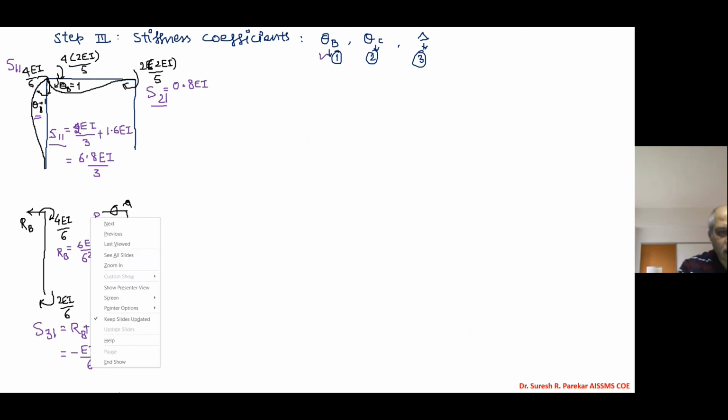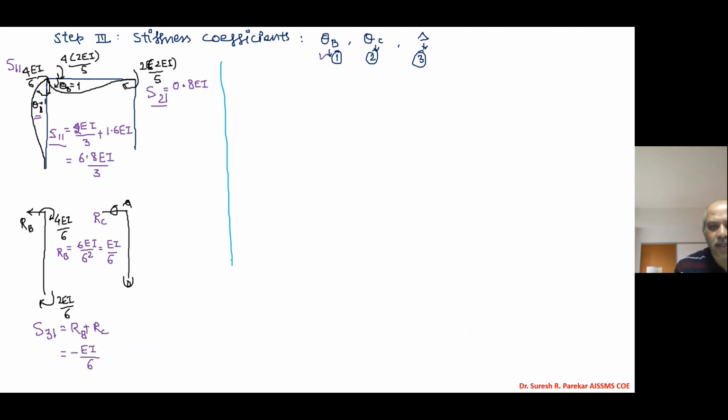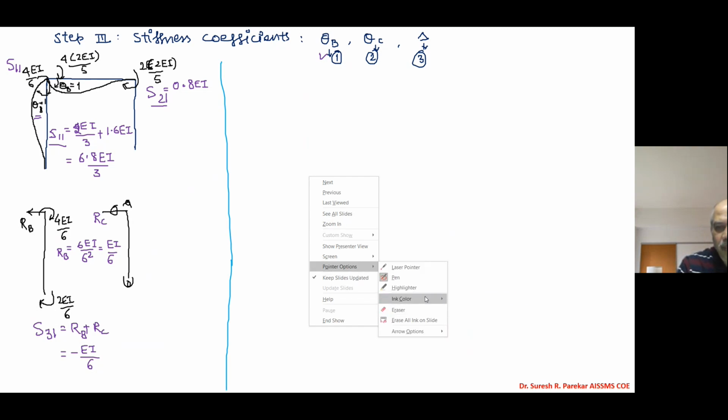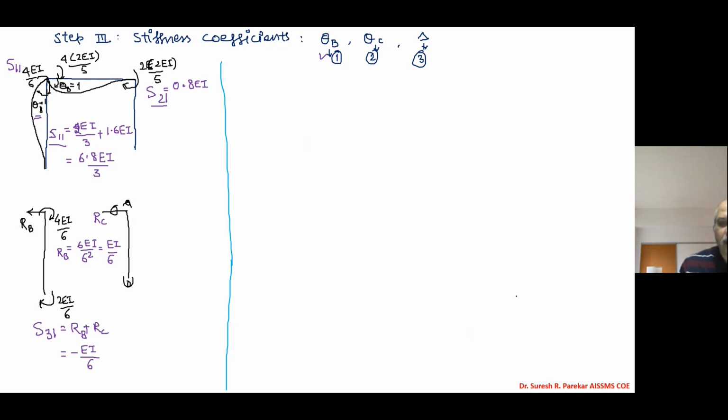So this is when we apply unit displacement for theta B. Now we will apply unit displacement to theta C, and then we will see what values of stiffness coefficients we get in the second one.